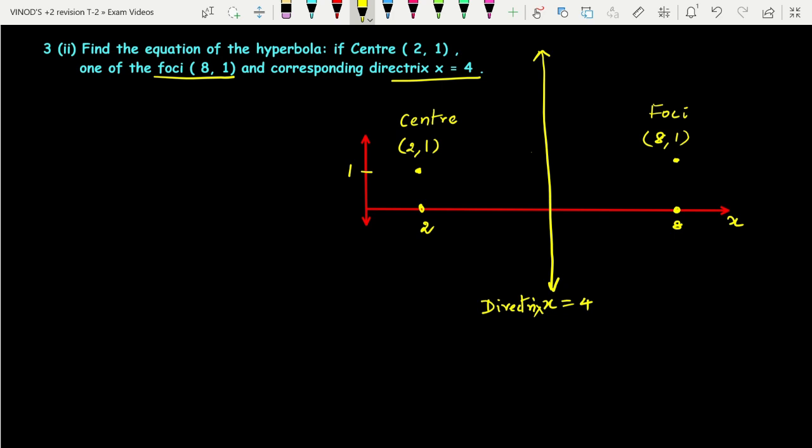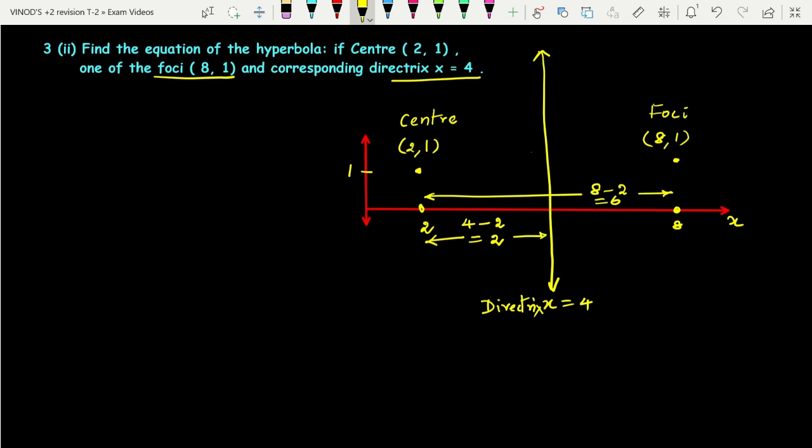Now, the distance from the center to the directrix is how much? 4 minus 2, which is equal to 2. And the distance from the center to the foci is 8 minus 2, that is equal to 6.